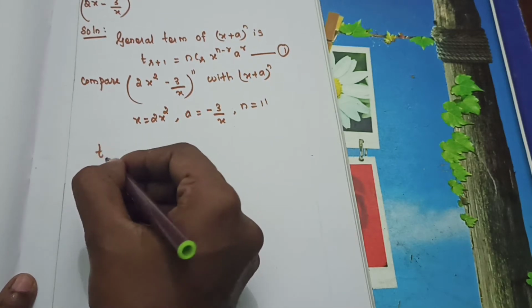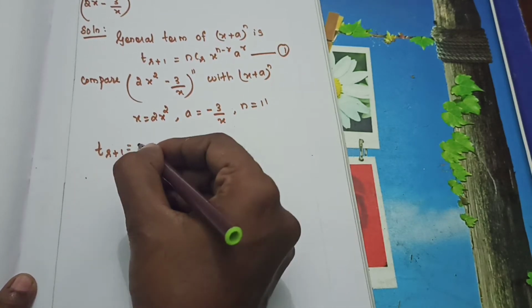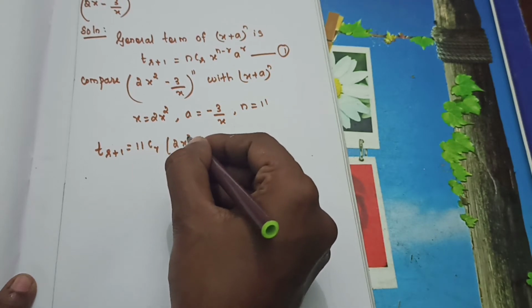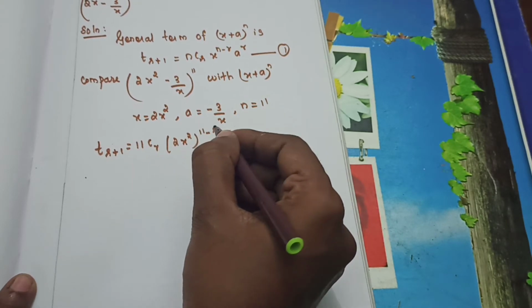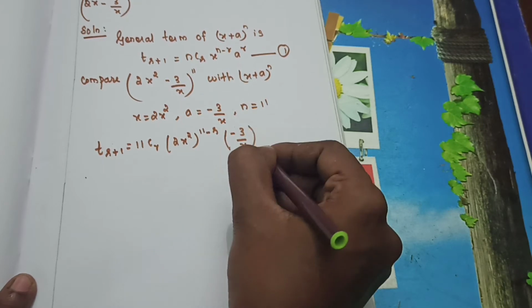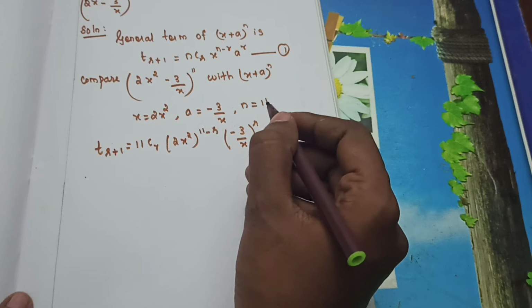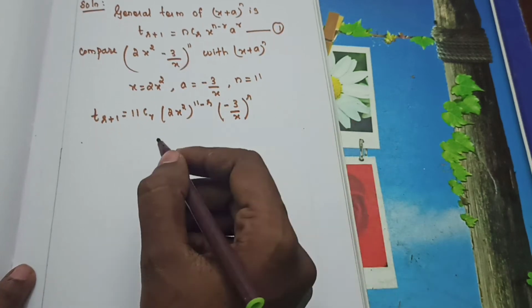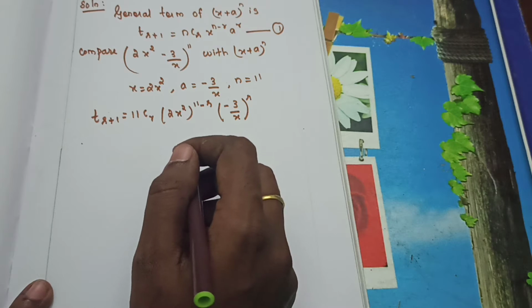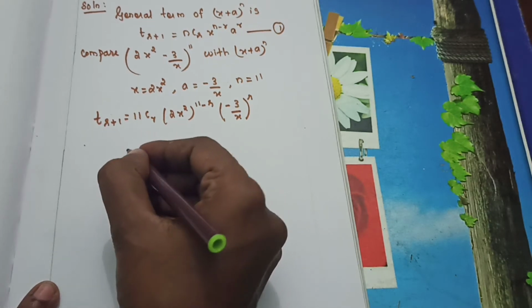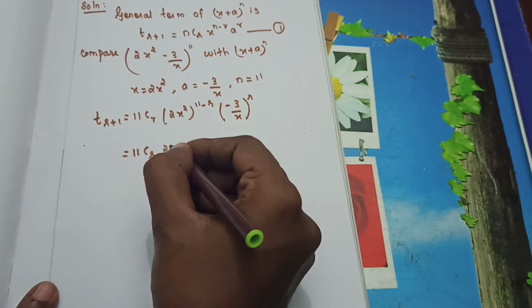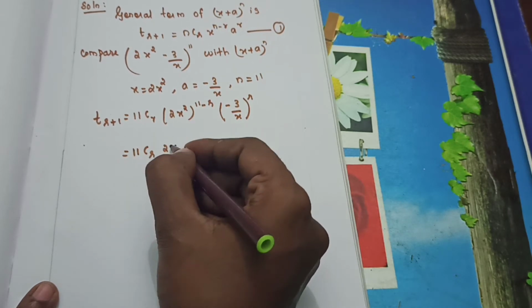Now substitute in T r plus 1: 11Cr 2x square the whole power 11 minus r, minus 3 by x the whole power r. We don't know the r value; keep it in mind, we need to find the r value. That's equal to 11Cr 2x square the whole power 11 minus r.